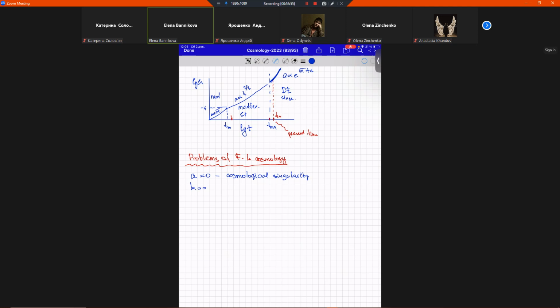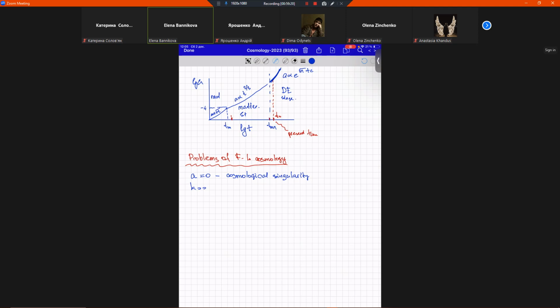So just to tell you that if k doesn't equal 0, in any case, for a lambda-dominated universe, in the future there will be exponential change. Maybe later, if we need, we will consider it. So for now, problems.